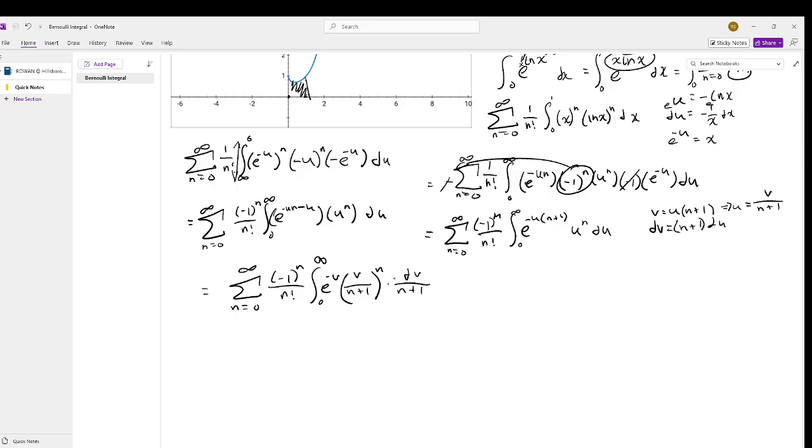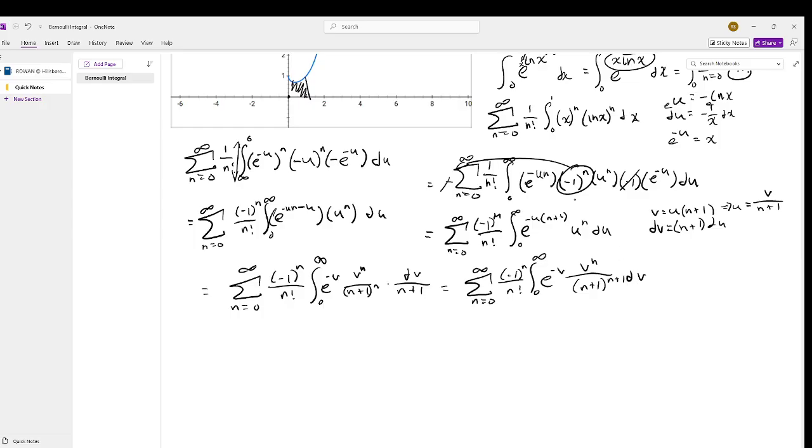So, almost done here. I'm going to take that parentheses off. I'm going to raise this to the power of n and this to the power of n. You'll see why. Now we rewrite this as the integral from 0 to infinity of e to the negative v, v to the power of n, divided by n plus 1 to the power of n plus 1, because this is raised to the first power and this is raised to the nth power.